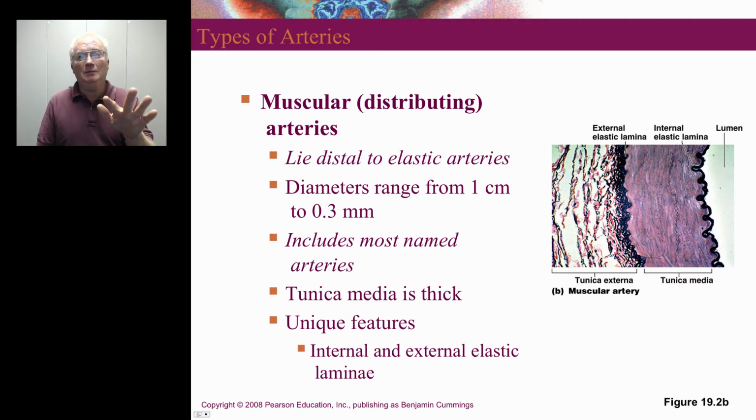The muscular arteries supplying the legs can relax and dilate. The muscular arteries supplying the arms can constrict and reduce blood flow to regions of the body differentially. Most of the named arteries are muscular arteries. The radial artery, the ulnar artery, the subclavian artery, and so forth.